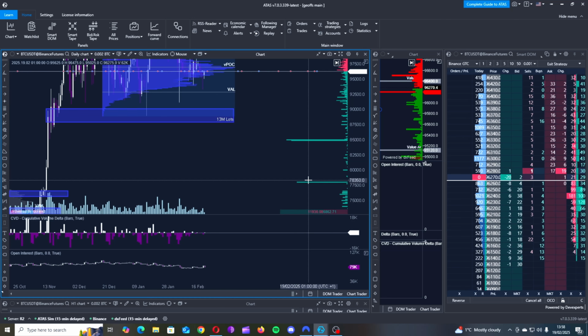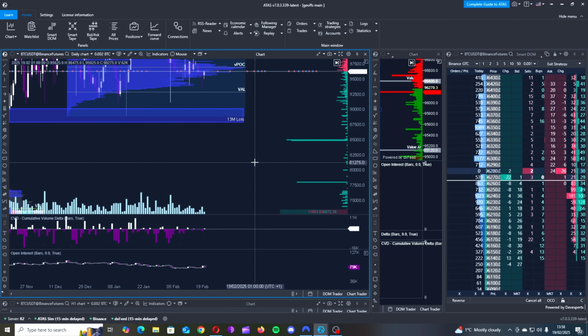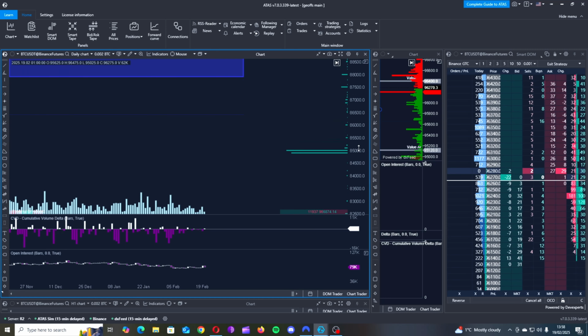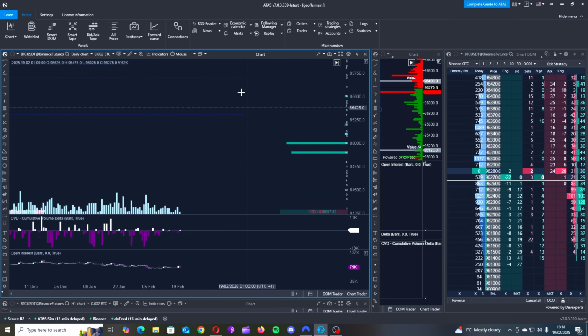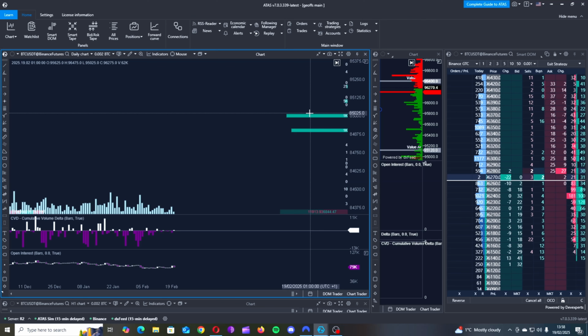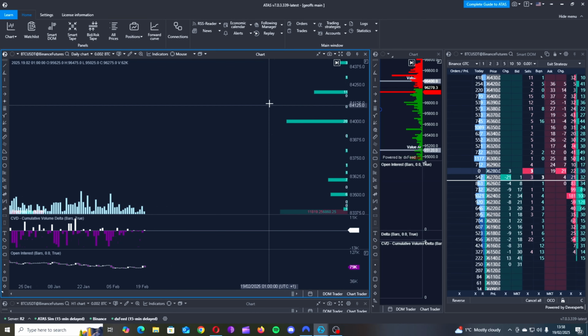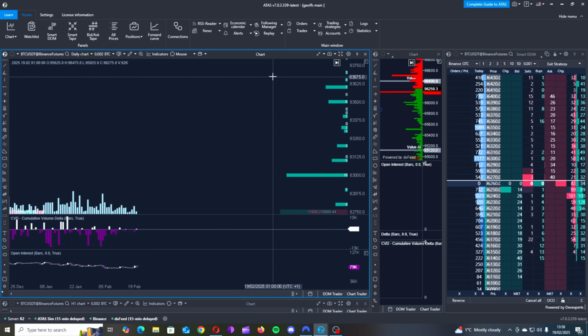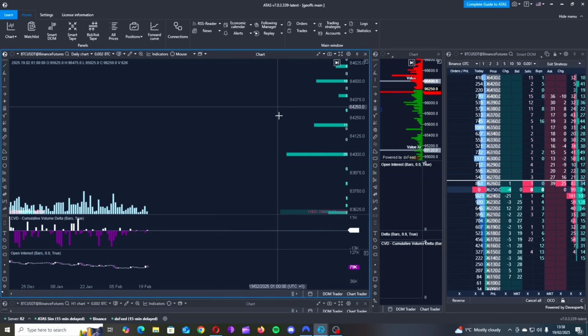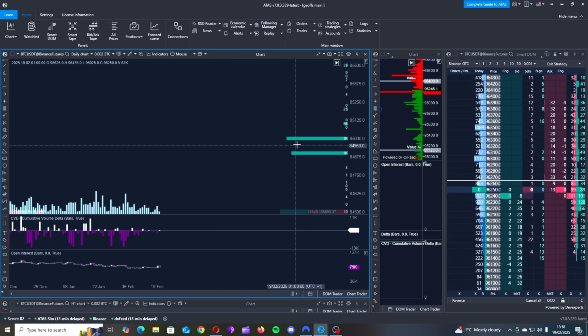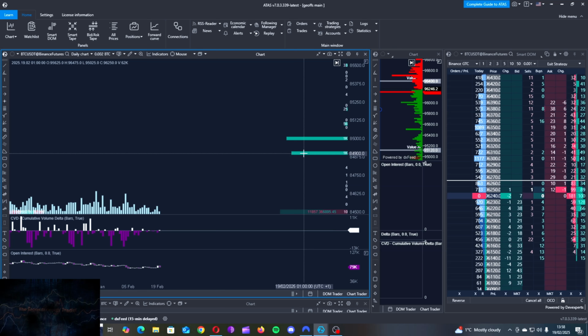Look at all these limits sat waiting for 85. So we'll look at how many sat there. Look at this. 1,000 BTC sat waiting at 85. The exact zone where I've been pointing out forever.